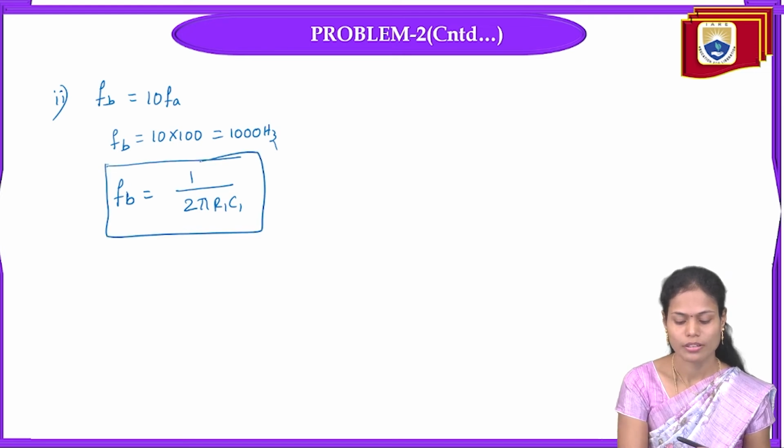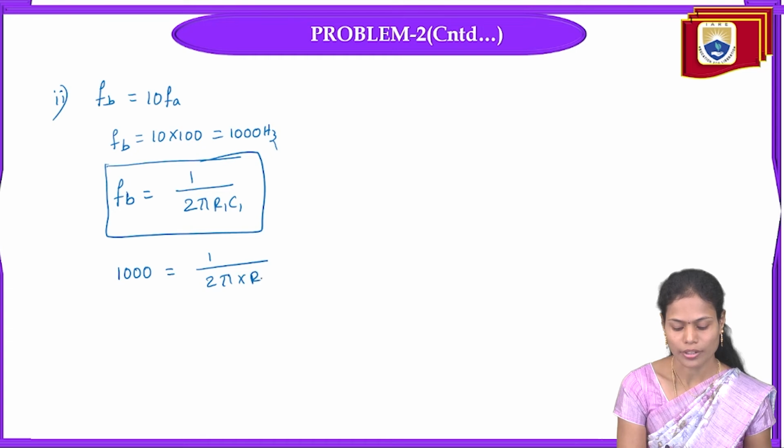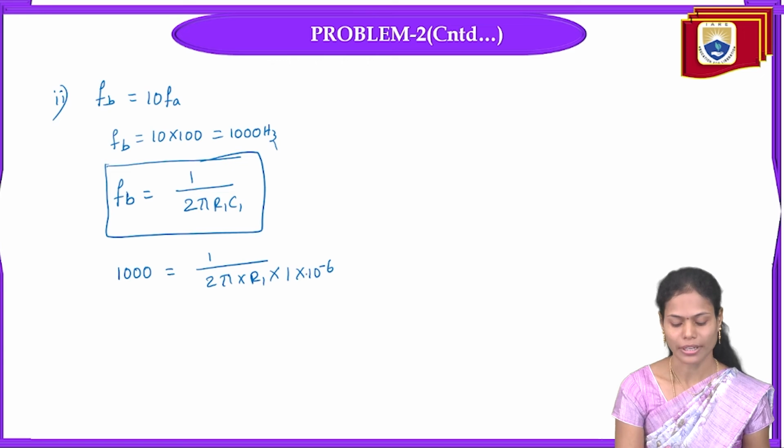From this formula we can calculate the value of R1. FB value is 1000, equal to 1 by 2 pi into R1 into C1, where C1 we have taken as 1 microfarad, 1 into 10 power minus 6.